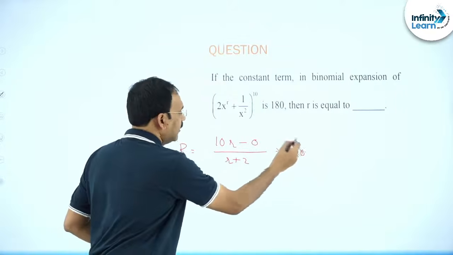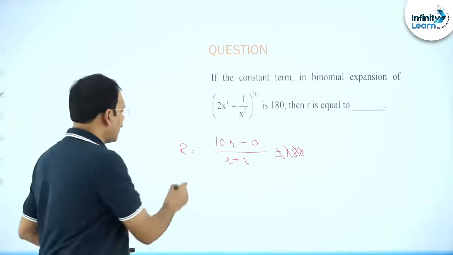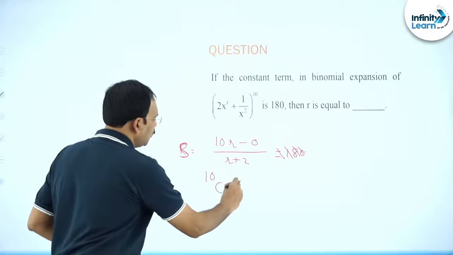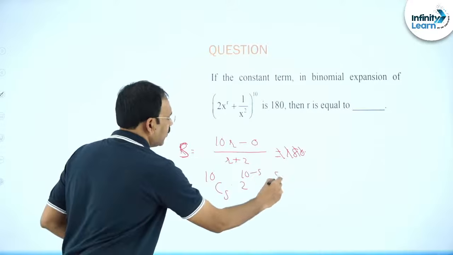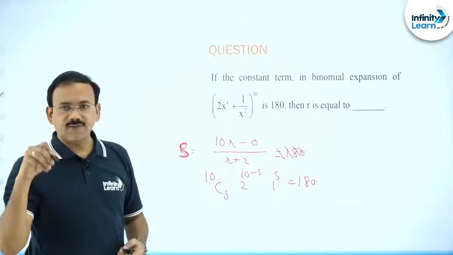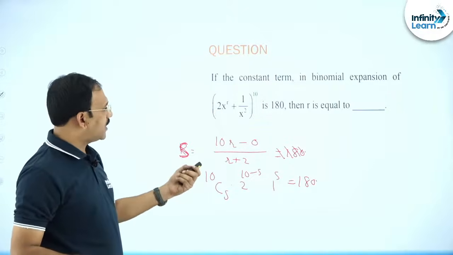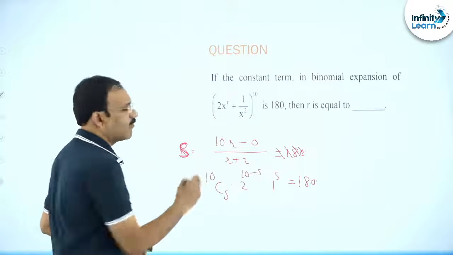For that r, you have to find the term. Or else, if I say this is s, now 10Cs into 2 to the power of (10 minus s) into 1 to the power of s must be 180. So what could s be is the first question. He has given the constant term as 180 and is asking us to find the r value.